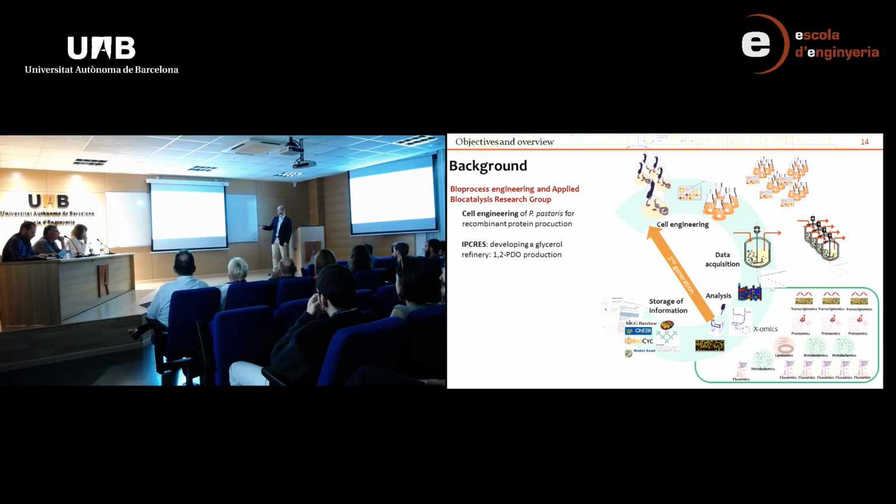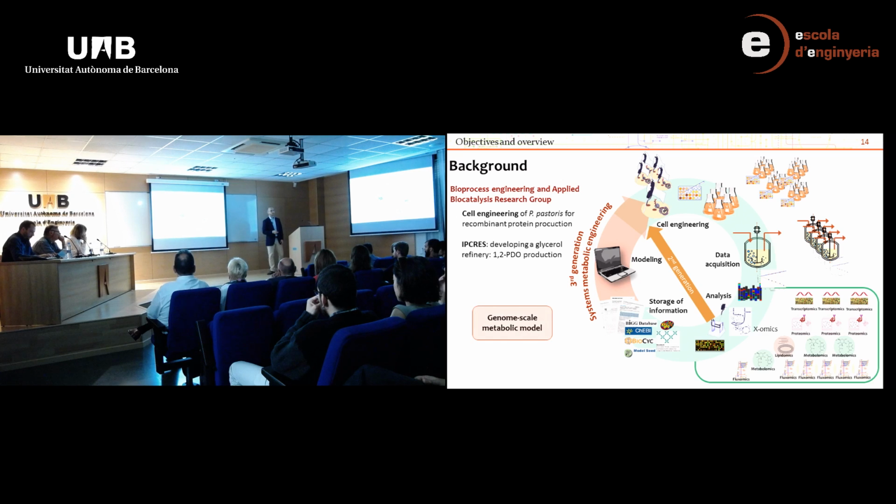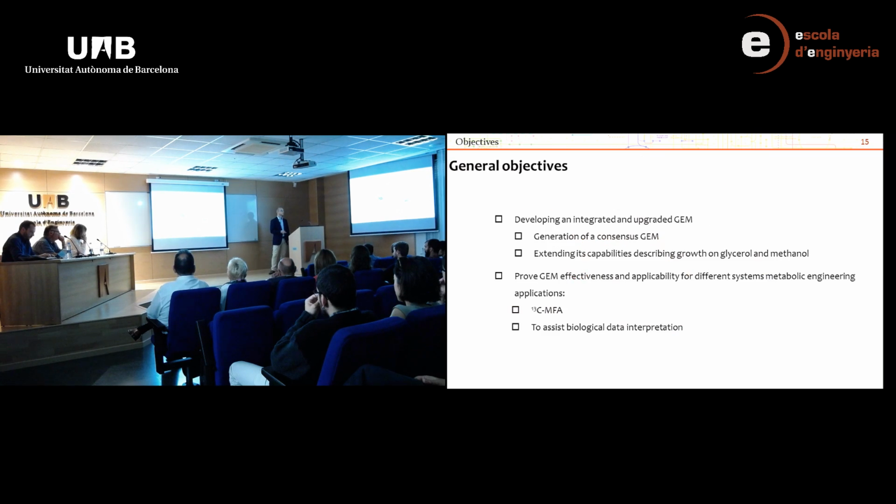Nevertheless, there's still a gap here that we will try to fill in this thesis, that is using systems metabolic engineering as strategies for cell engineering. So the objective of this thesis is developing an integrated genome-scale metabolic model by merging the pre-existing ones and then extending its capabilities for new carbon sources.